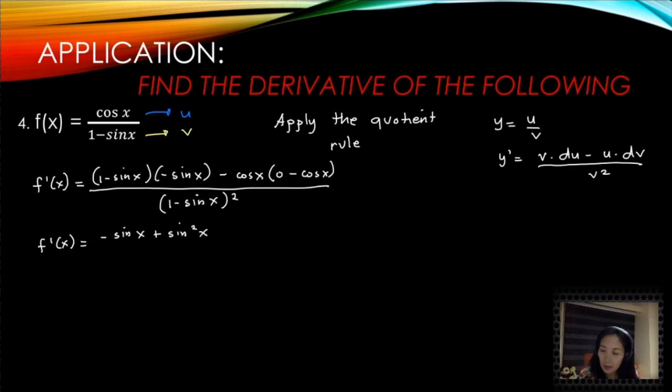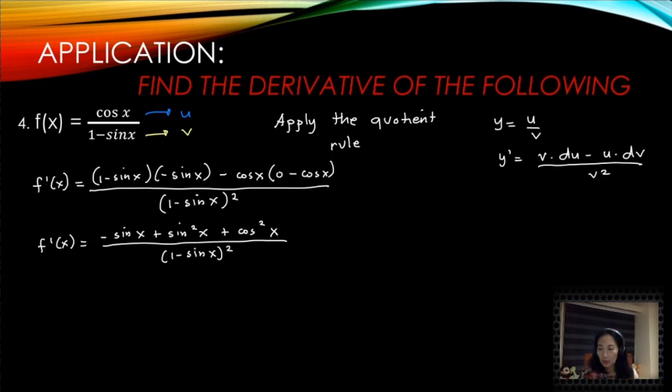Next, if I multiply these two, what will the product be? Plus cosine squared x, all over 1 minus sine x raised to 2.